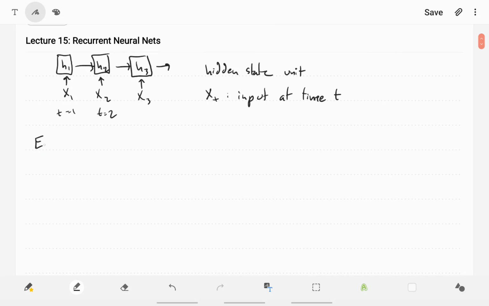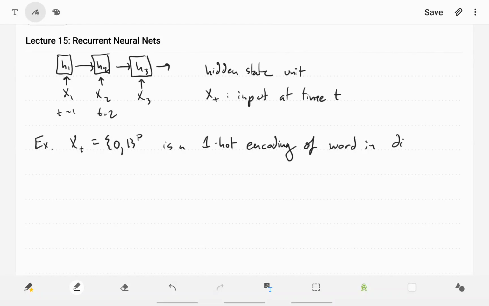Okay, so let's think of an example, because this isn't very clear until we start thinking of specific cases. It's common to let x sub t be in {0,1}^p, a one-hot encoding of a word in a dictionary.